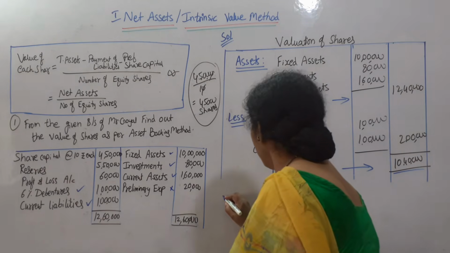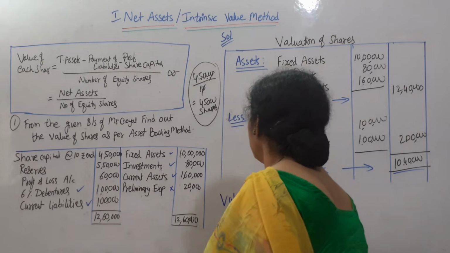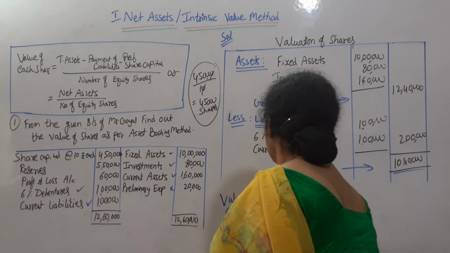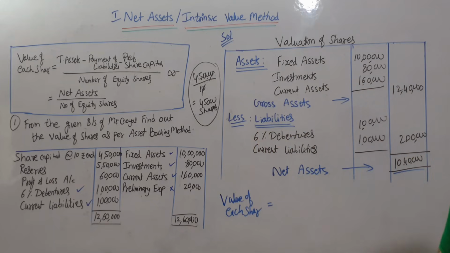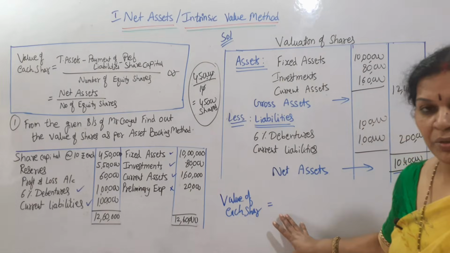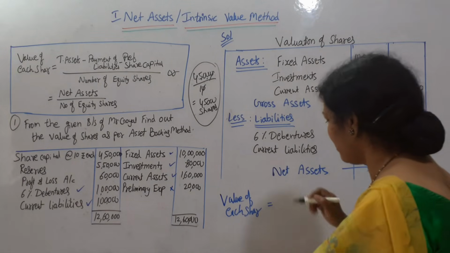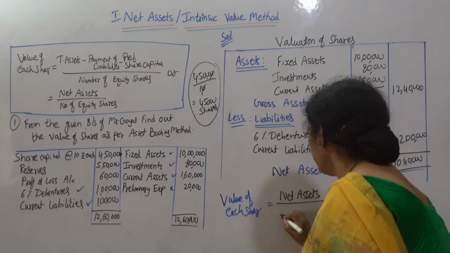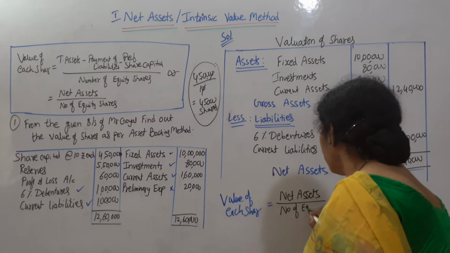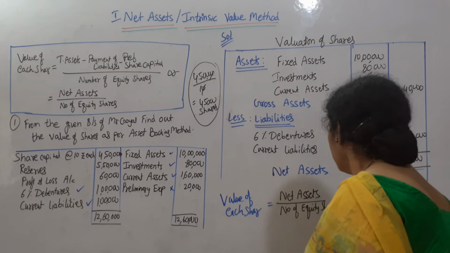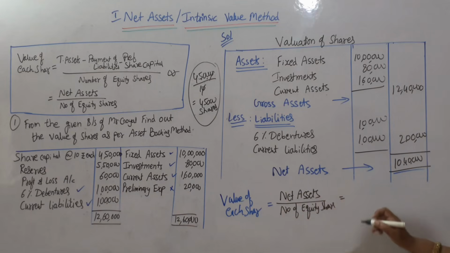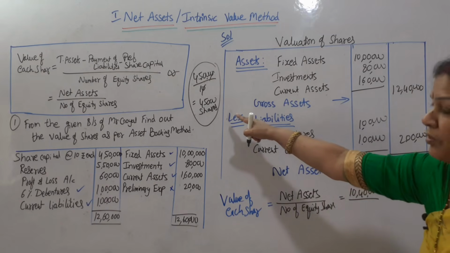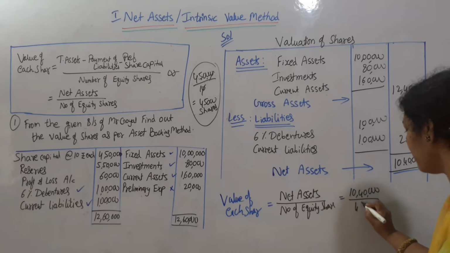Now, calculation of value of shares. Value of each share is equal to net assets by number of equity shares. Write the formula: net assets by number of equity shares. Net assets, we got it already, 10,40,000, divided by equity shares, total shares are 45,000.